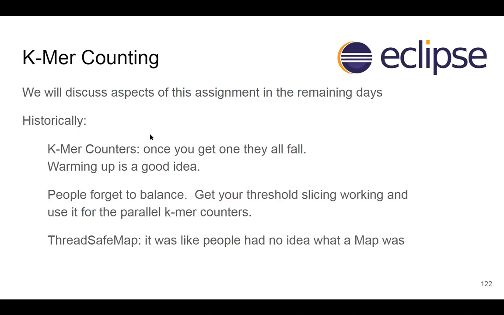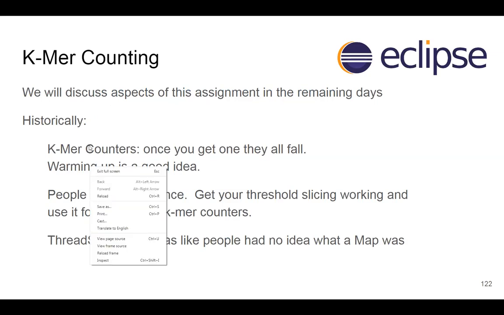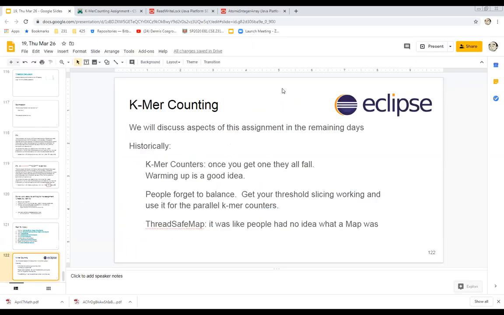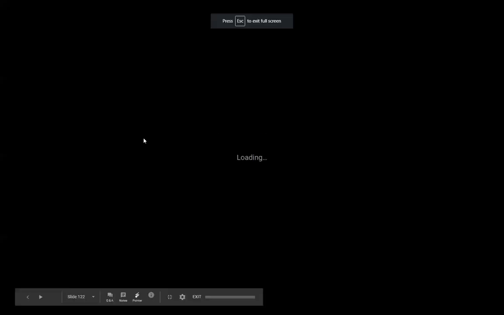Historically, with the k-mer counters, once you get one of them, usually they all fall. So it's a good idea to build the warm-ups, because once you've got the string concurrent hash map, the other ones will be very easy to build.